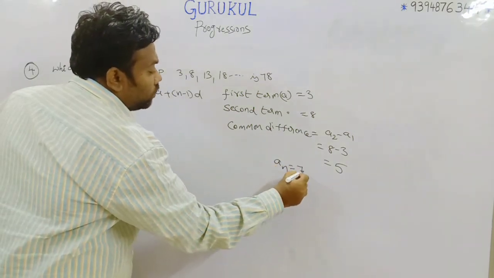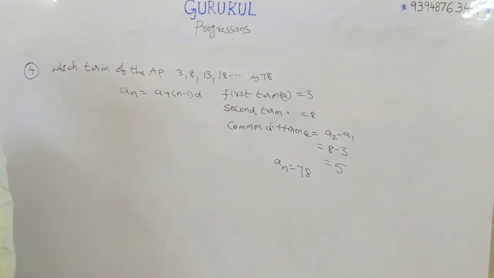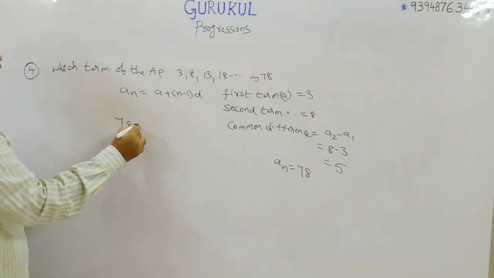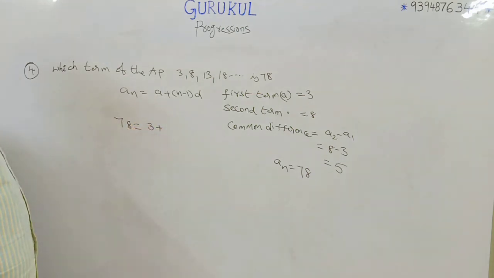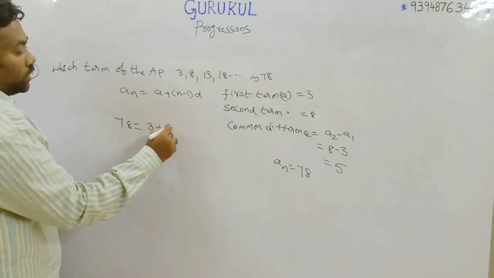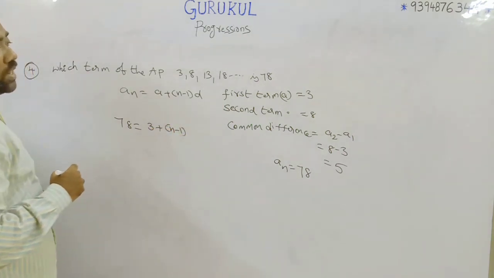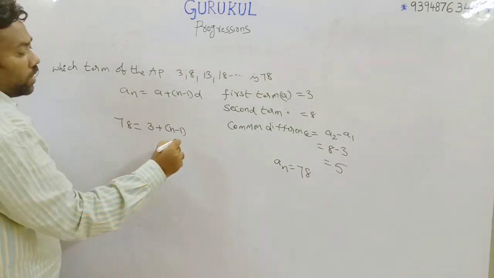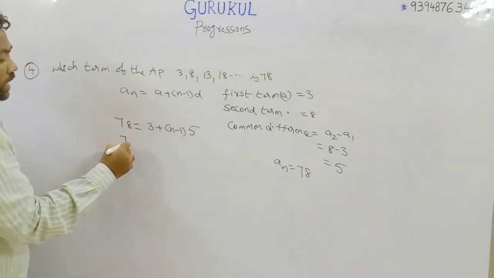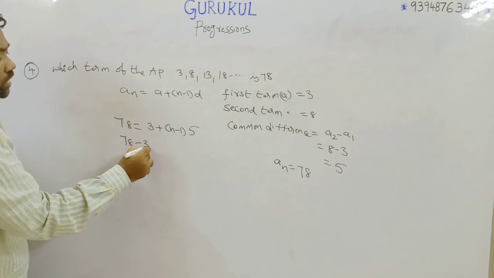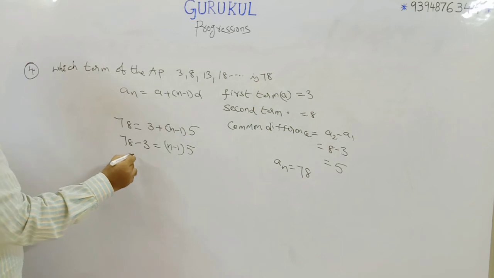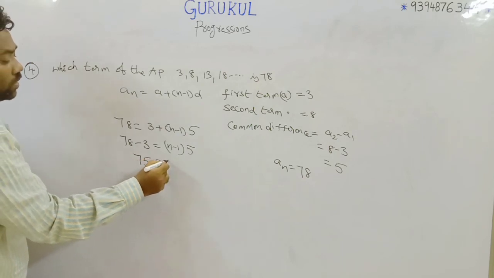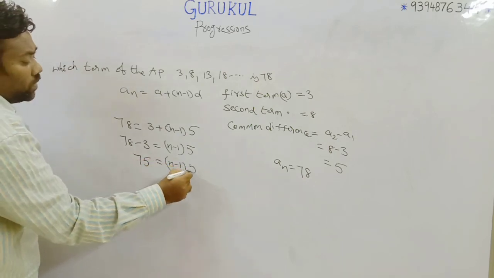Here given an equal to 78. Nth term of the given AP is 78. So 78 equal to 3 plus n minus 1 into d. What is the d value? Common difference 5. 78 minus 3, 75 equal to n minus 1 into 5.